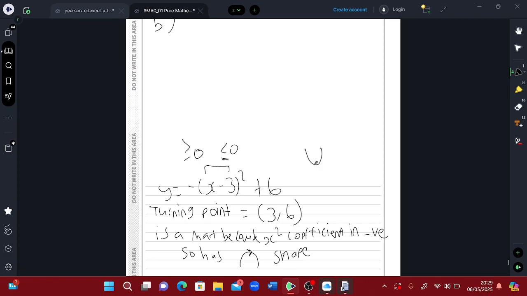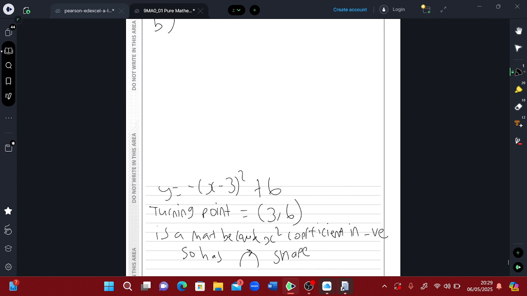So to minimize it, you want to pick 0. So you make the bracket 0 always, to ensure you get 0 all the way, and then obviously add the constant at the end. So that's just a quick demonstration of why you pick the turning point as it is with completing the square.